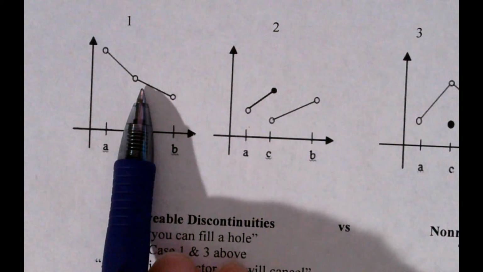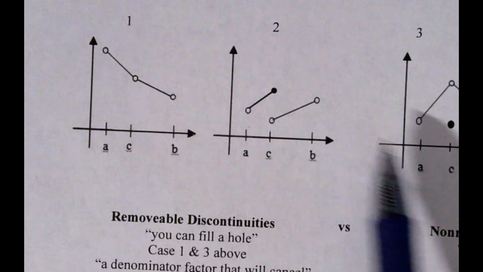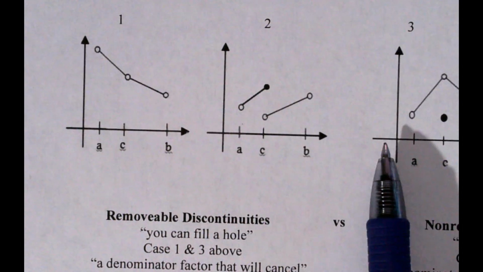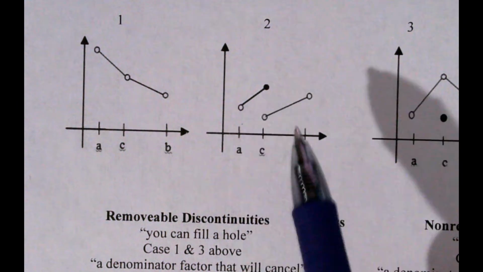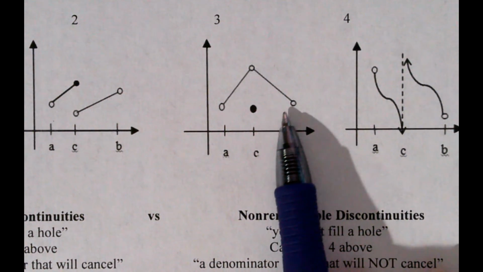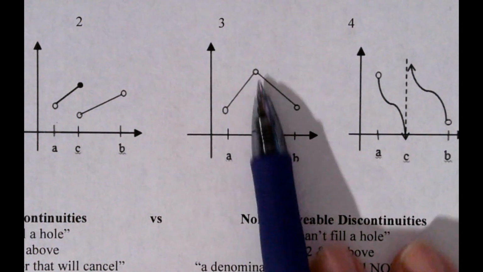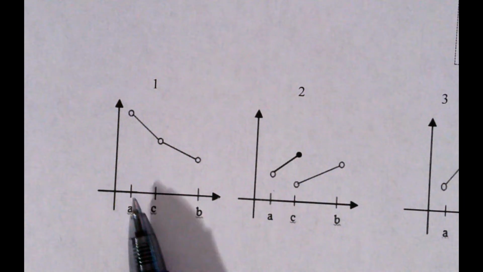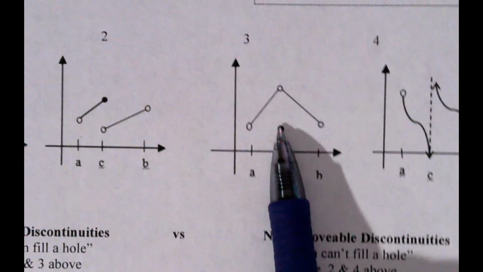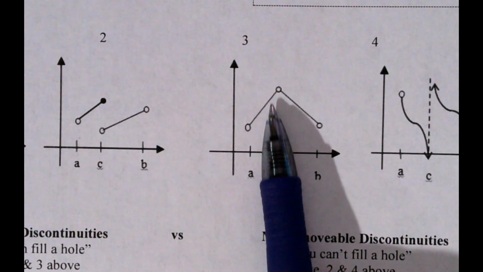Example 2 is not a removable discontinuity because there's a massive break here. Examples 1 and 3 are removable discontinuities because of that hole.